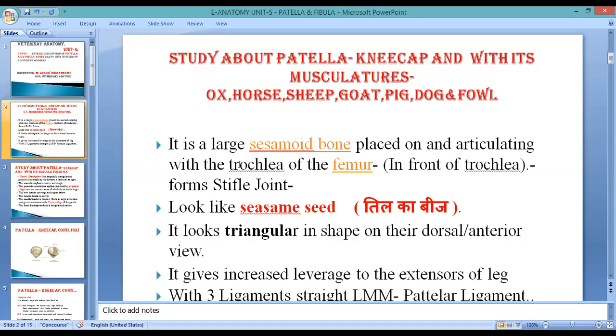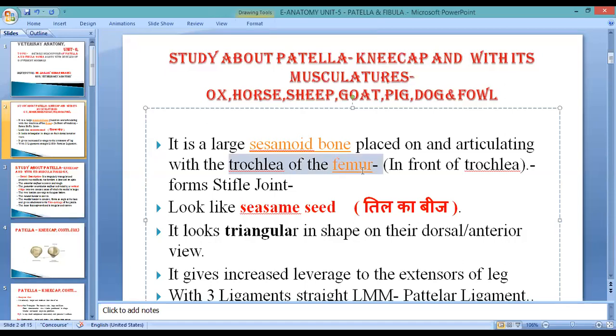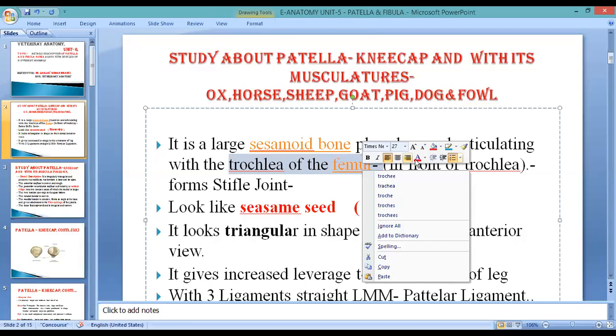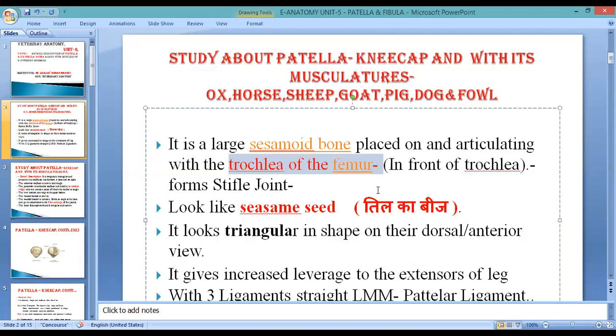You must be aware of the structure of the trochlea. The trochlea is located anteriorly on the distal part of the femur, with the trochlea anteriorly and the condyles posteriorly. So the patella is located in front of the trochlea of the femur and forms a joint that is known as the stifle joint.